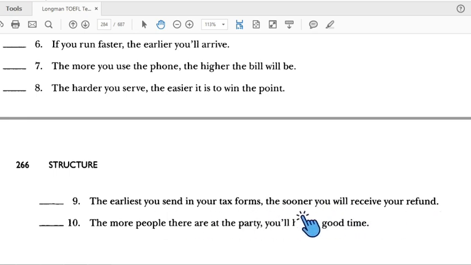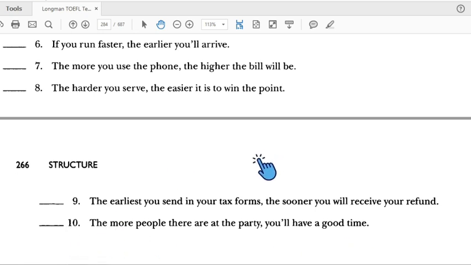The sooner, okay, subject and verb, but this one, "earliest", should be "earlier". So number nine is incorrect. Number ten: "The more people there are at the party, you will have a good time." There is only one comparison, so number ten is incorrect. You should put "the better time you will have" here. So number ten is incorrect.